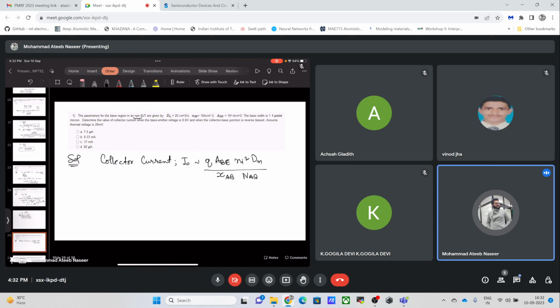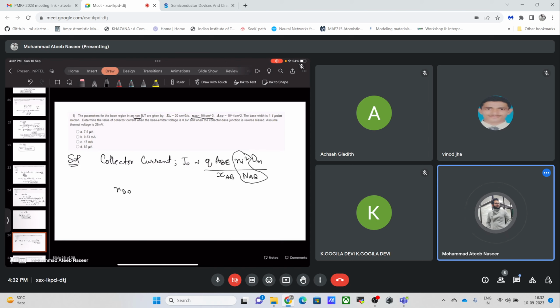I can write Ni square by NAB as the minority carrier concentration in the base, NB naught, which is 10 to the power of 4.